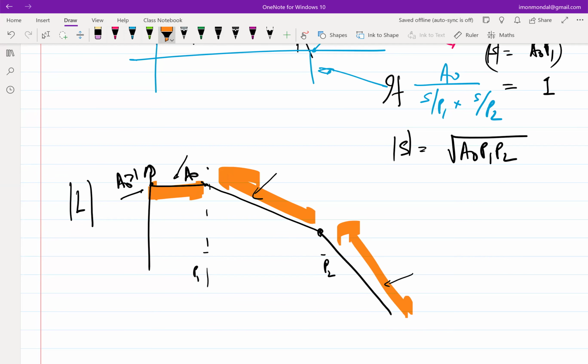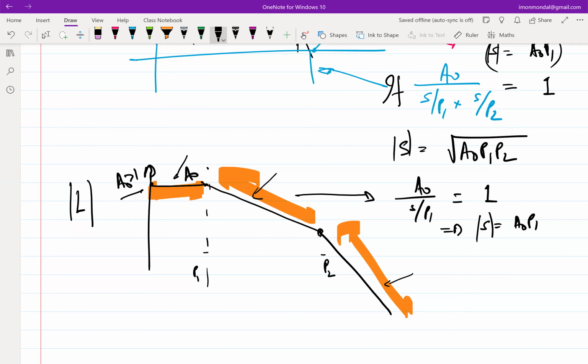To evaluate that, I find out the equation of that segment, which is A naught by S by P1, and then equate it to 1, not P2, because we're trying to evaluate the UGB. So S becomes A naught times P1, or in this case, mod of S, because that is anyway an approximation.